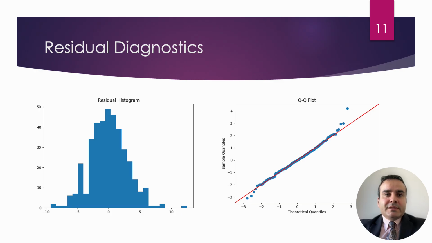Next, I examine the regression diagnostics. The residual histogram shows a roughly symmetric distribution centered around 0, suggesting that the error term does not exhibit severe skewness. The QQ plot shows that most points lie close to the 45-degree line, indicating that the normality assumption is reasonably satisfied.